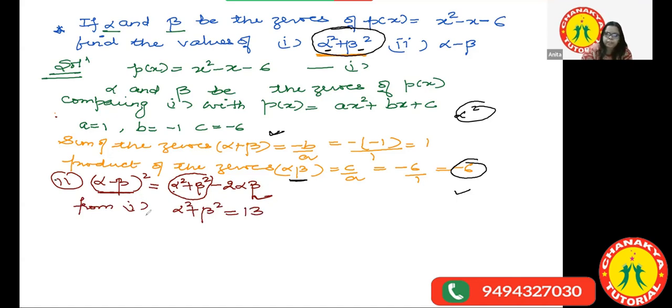Now put the value of alpha square plus beta square in this equation. Let this be second. So put the value of alpha square plus beta square in the second equation.